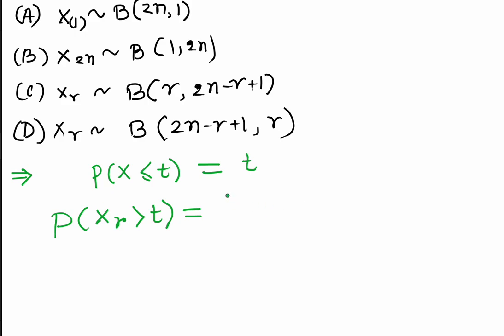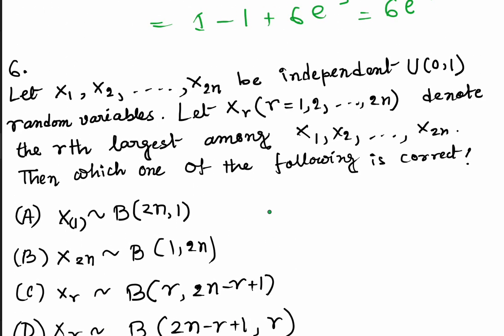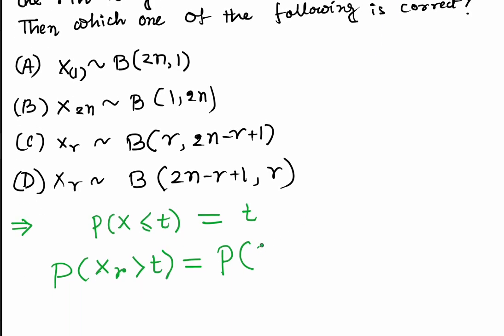So from these 2n numbers, what is the probability that I draw r minus 1 such random variables which are less than or equal to t?